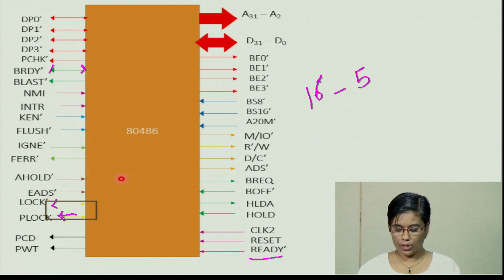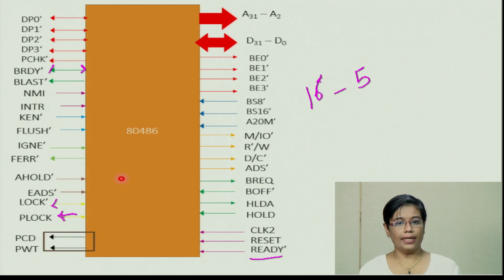Now there are two more signals available, the PCD and the PWT signal, paging cache disable and paging write through. Now this we will see whenever we are talking about paging caches. There will be a session on paging cache. Then we will have a look at the PCD and PWT.